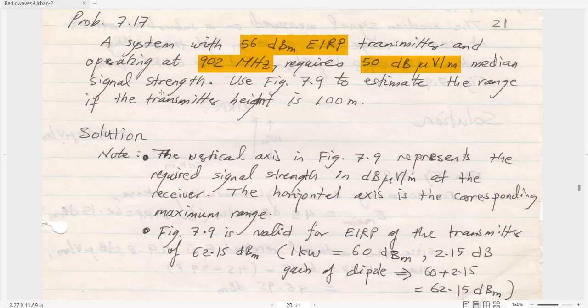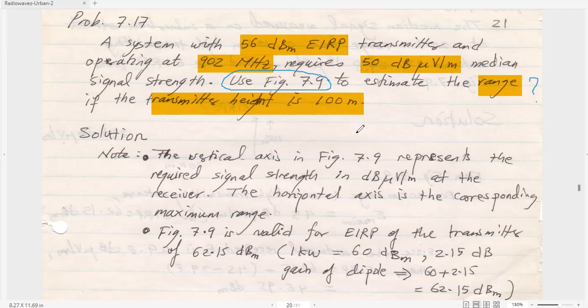This electric field strength. Use figure 7.9 to estimate the range. Range means distance. If the transmitter height is 100 meter, we want the distance using figure 7.9.